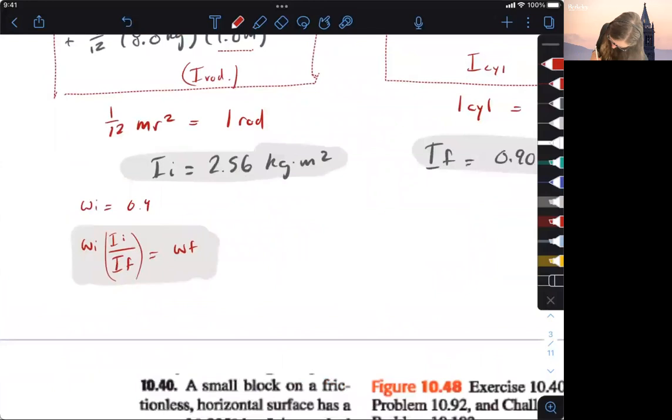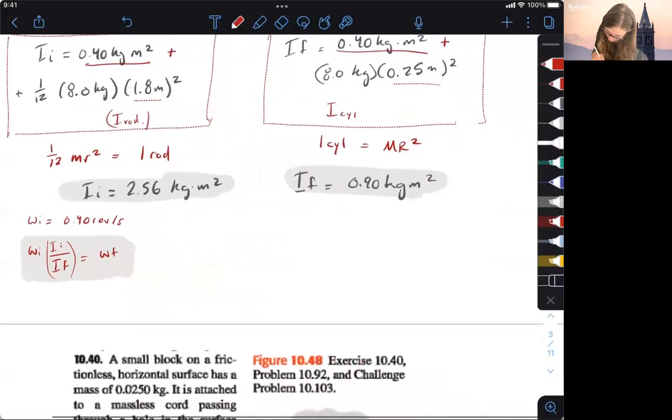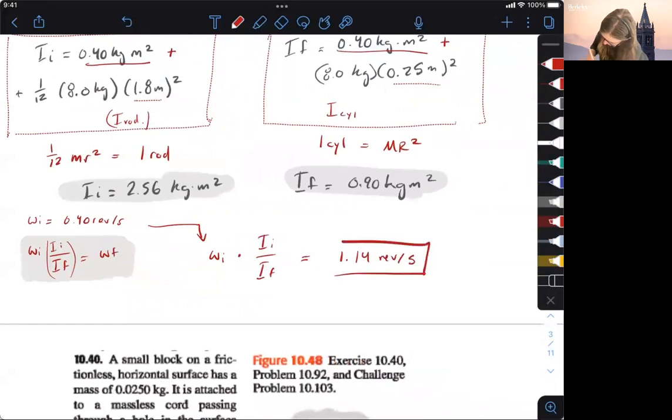And if we plug in our WI, is multiplied by II over IF. Our final angular velocity that we're going to get for this problem will be 1.14 revolutions per second. Okay, so not too bad here.